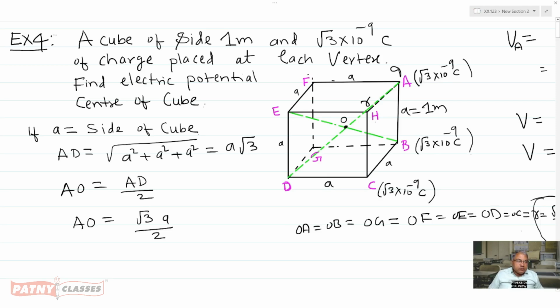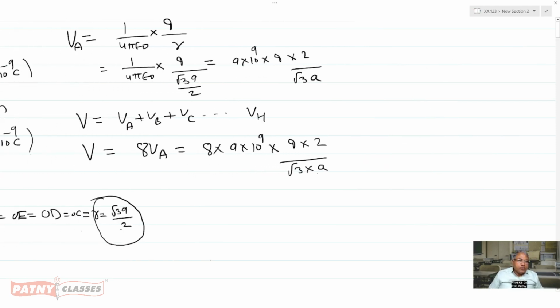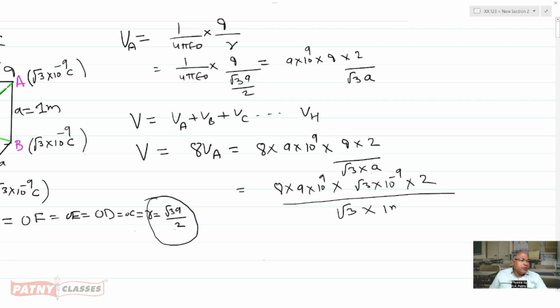Therefore, here 8 into 9 into 10 raised to 9, Q value is root 3 into 10 raised to minus 9 into 2 upon root 3, and A value is 1 meter.